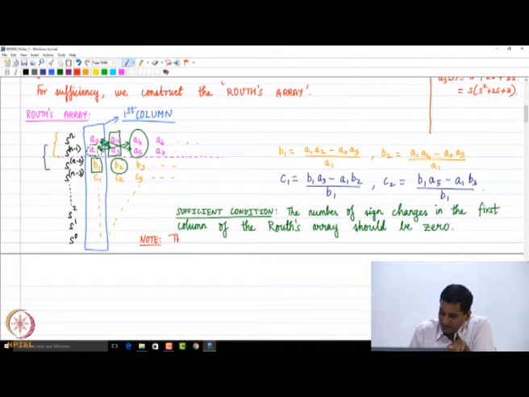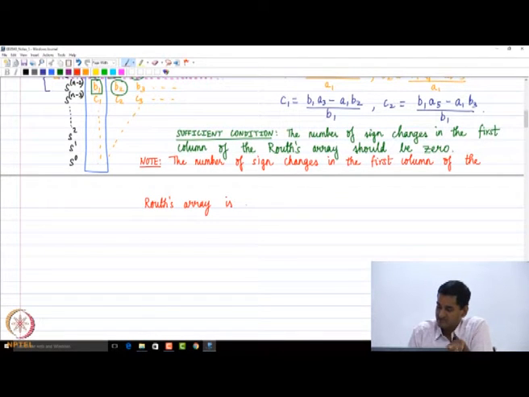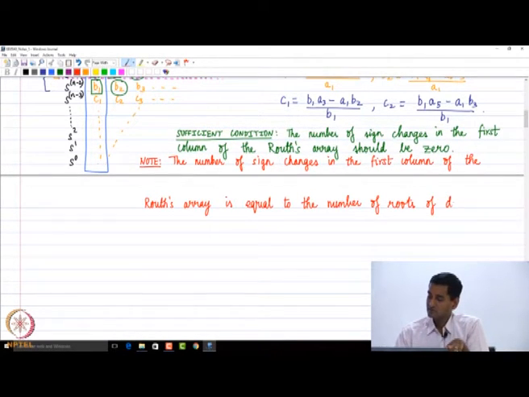So note the number of sign changes in the first column of the Routh array is equal to the number of roots of D(s) in the right half complex plane.